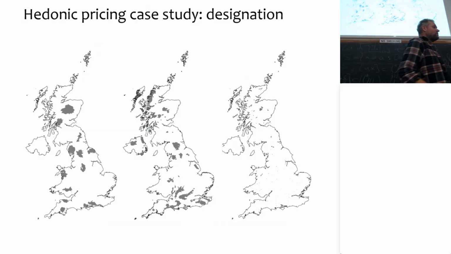Then you have maps of the national parks, right? Here, this is the South Downs National Park, the areas of outstanding natural beauty, and so on and so forth.